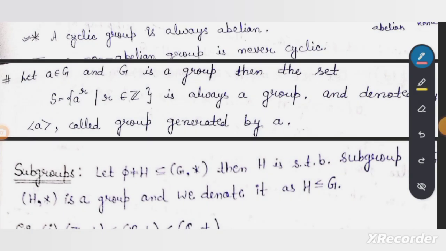Then the set S equal to A to the power R such that R belongs to Z. This set includes all elements A to the power R. Then the set S equal to A to the power R such that R belongs to Z is always a group, denoted by the set generated by A or called the group generated by A.